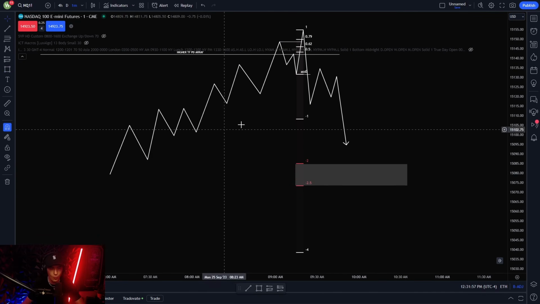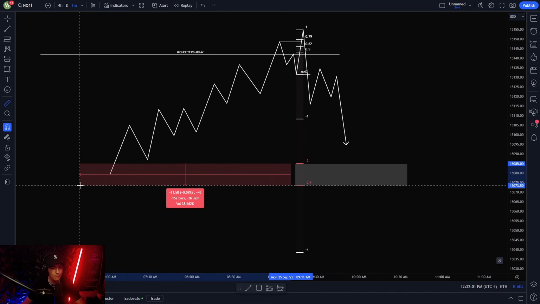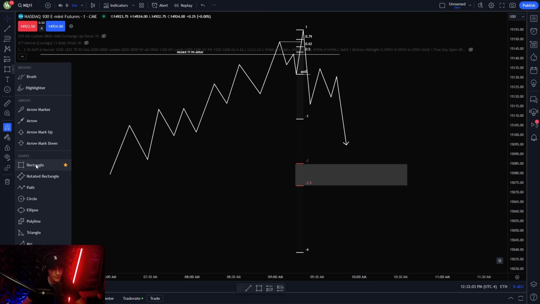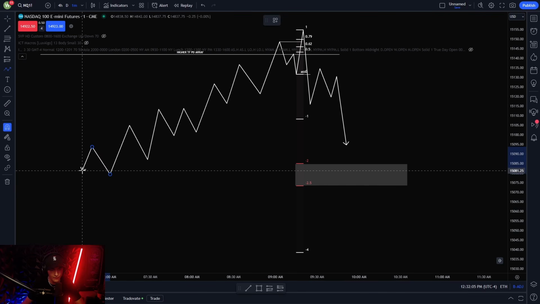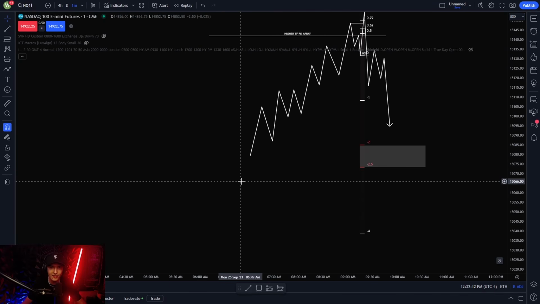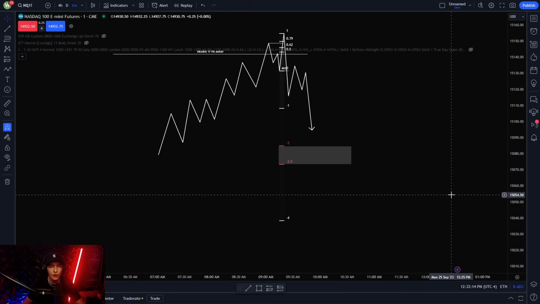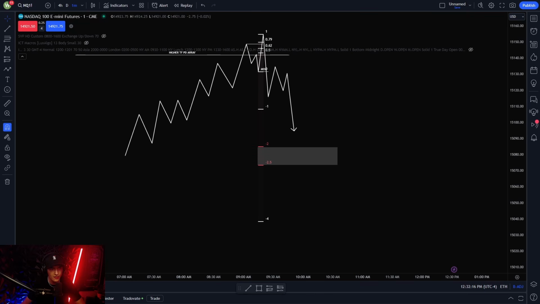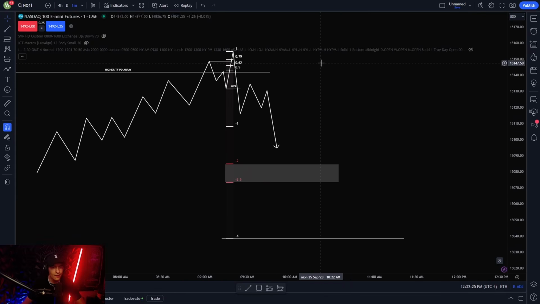A lot of the times, I want to see this area align with some sort of PD array, whether that be existing sell side liquidity, let's say we have equal lows here, or a bigger time frame fair value gap, whatever it is. I like to see it align with whatever external PD array is telling me. So 2 to 2.5 is my main target, and then I let my runners go to 4, is what I normally like to see.